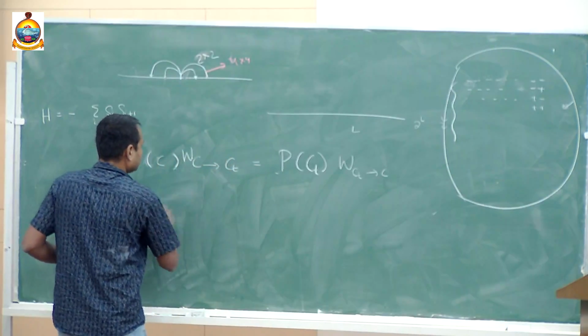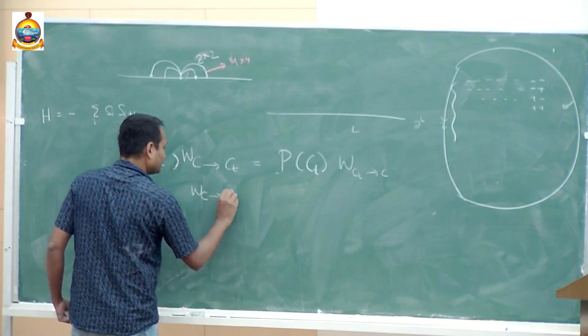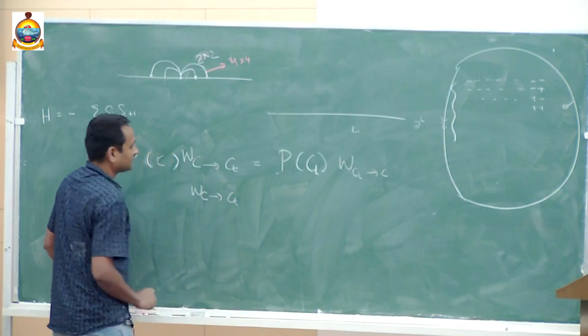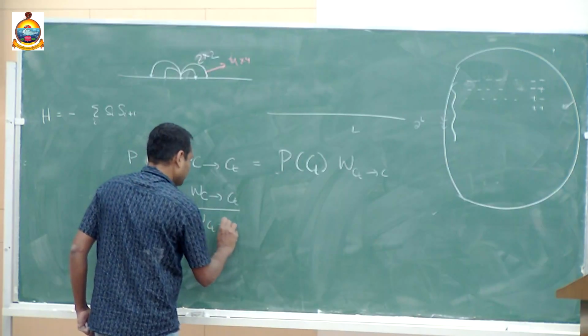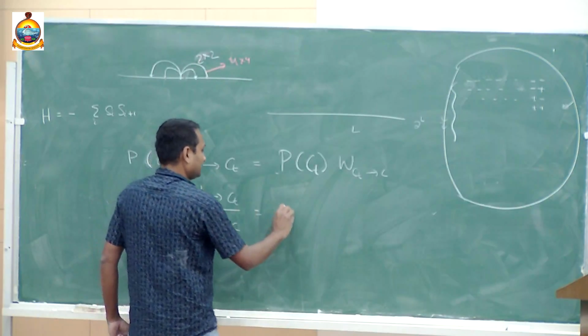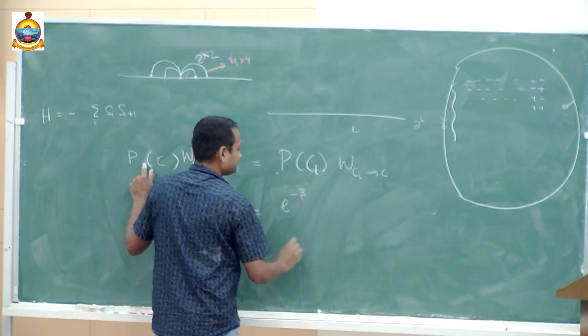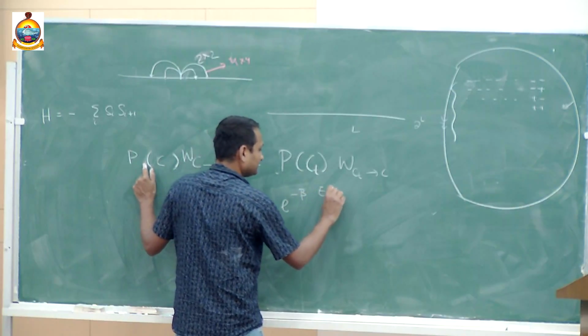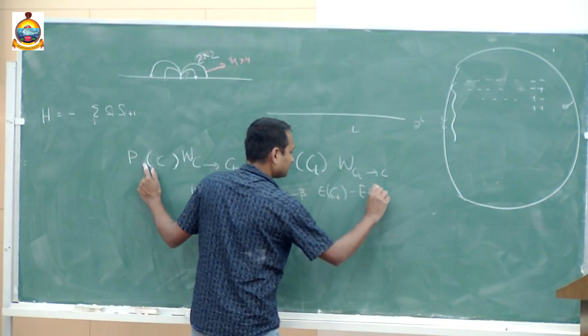So what I can write is that W(C to C trial), this trial configuration, divided by W(C trial to C), equals P(C trial) divided by P(C). So this is e to the power minus beta times E(C trial) minus E(C). Okay.